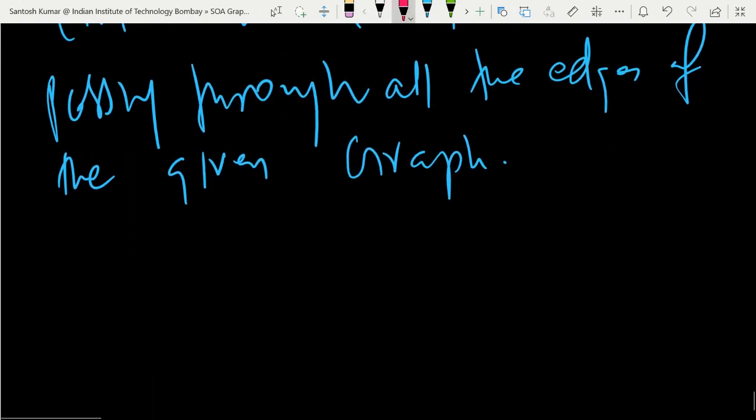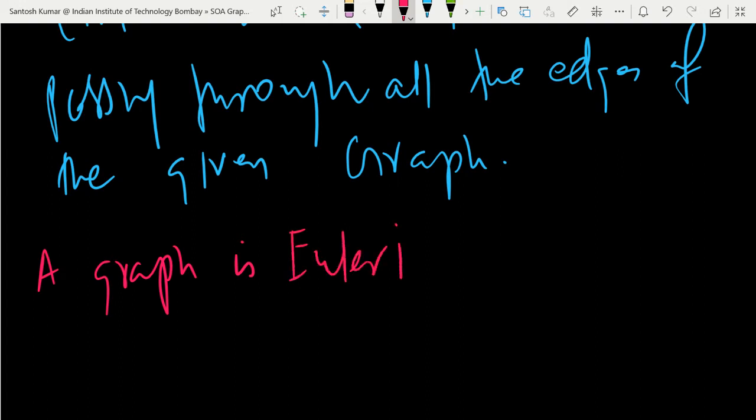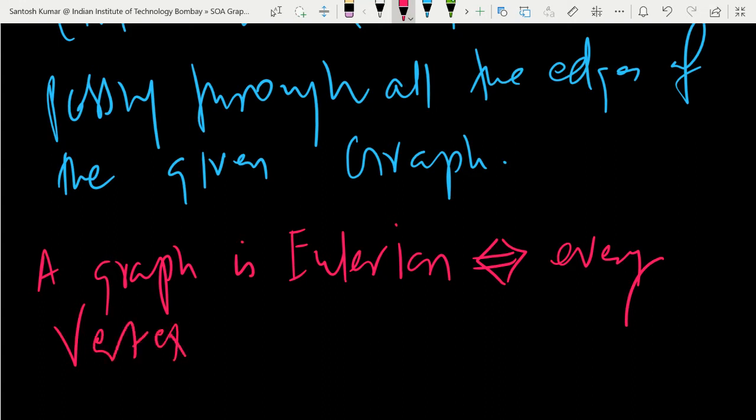Also, we have a result. Do you know the result? A graph is Eulerian if and only if every vertex of G has degree what?